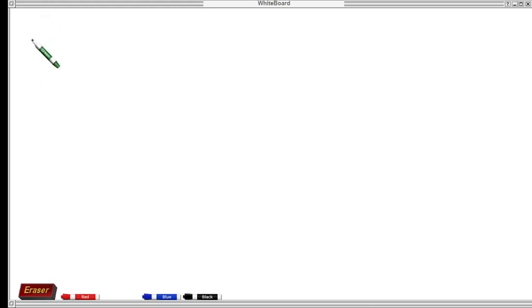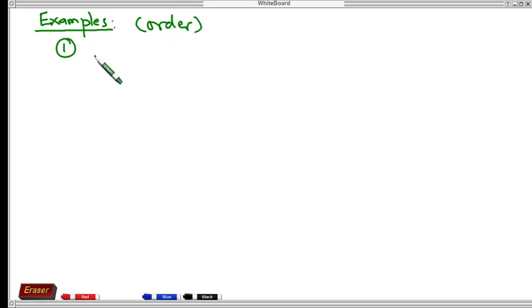The question we have to discuss, examples, exercise. Number 1 question may be order of surd. We have to find the order. For example, the 7th root of 23. The order is 7.